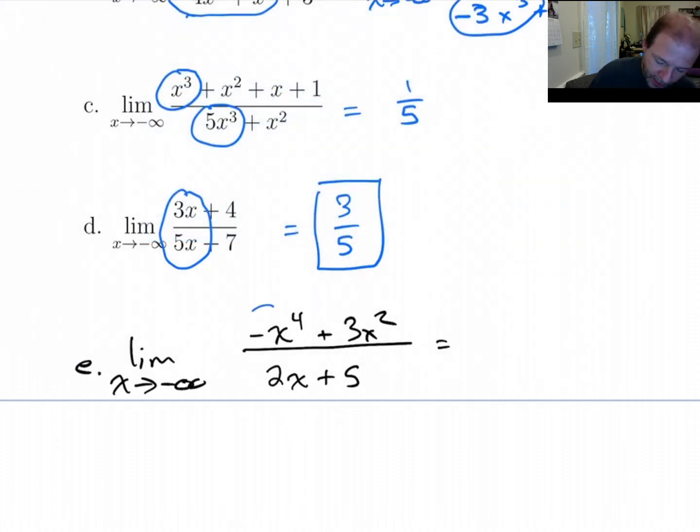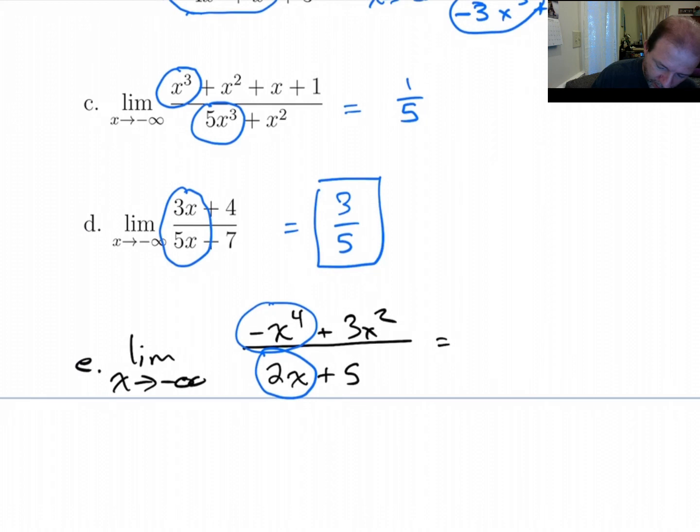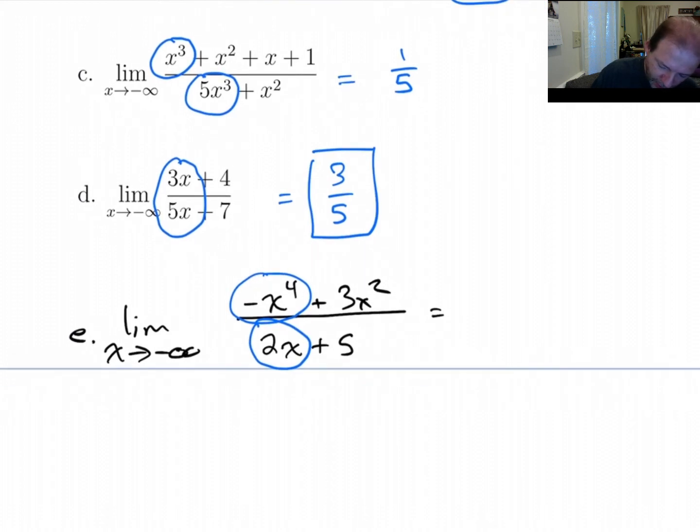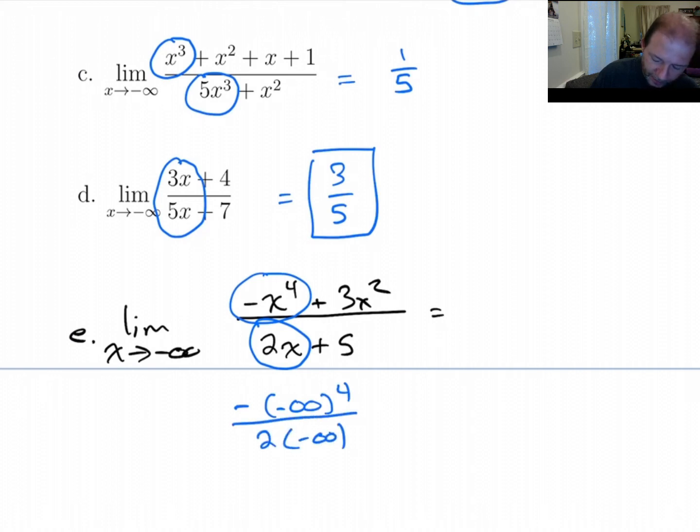Now, the top has higher degree than the bottom, so that tells us it's going to be either positive or negative infinity. Now we just have to figure out the signs here. Up top, I'll write this beneath, we've got negative, and then we've got negative infinity to the 4th. On the bottom, we've got 2 times negative infinity.